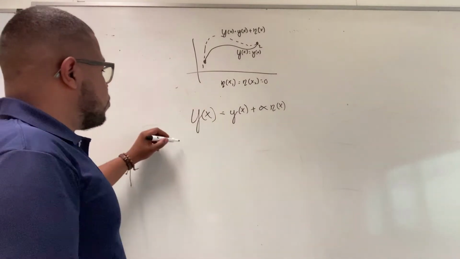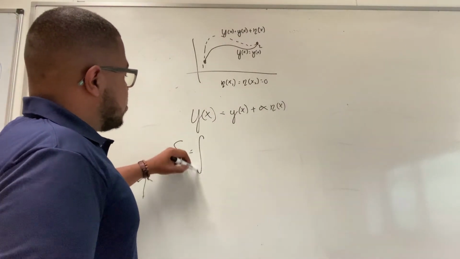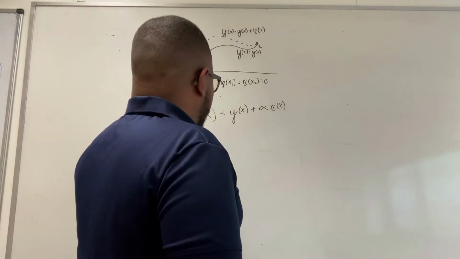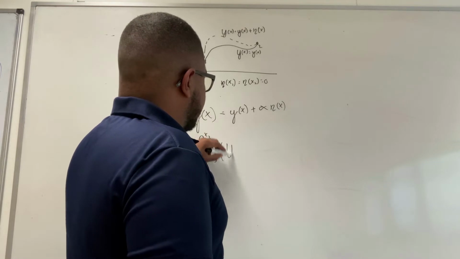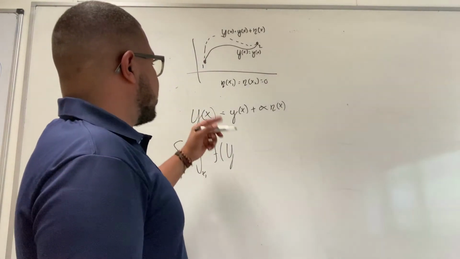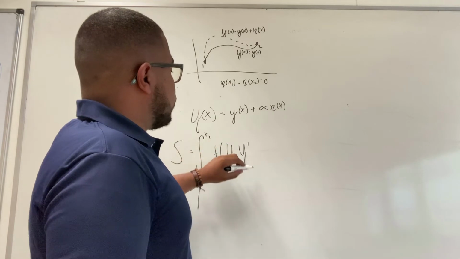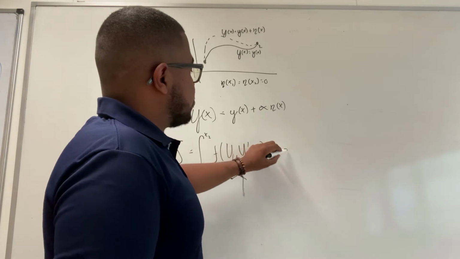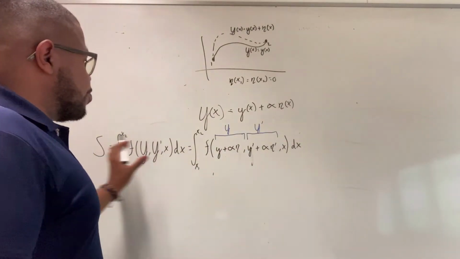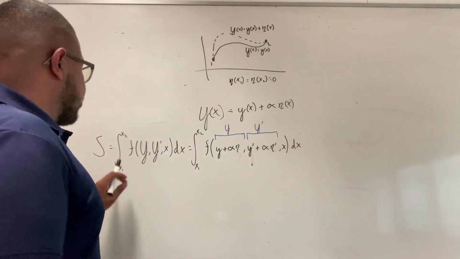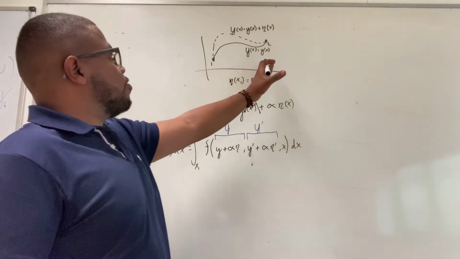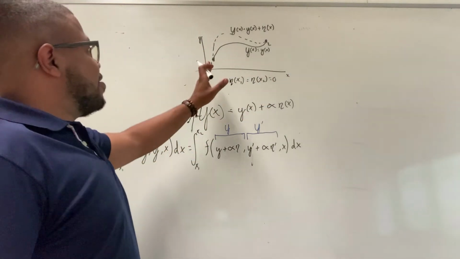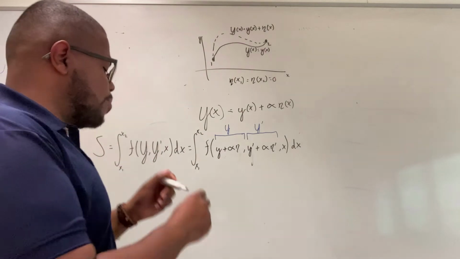This means then that we can write our integral of S from x1 to x2 as being a functional F which contains uppercase Y, the derivative of Y, and x, dx. The limits x1 and x2 are, of course, the x1 and x2 that we're interested in. So if I label my axes, you can see that this will be x1 and this will be x2.